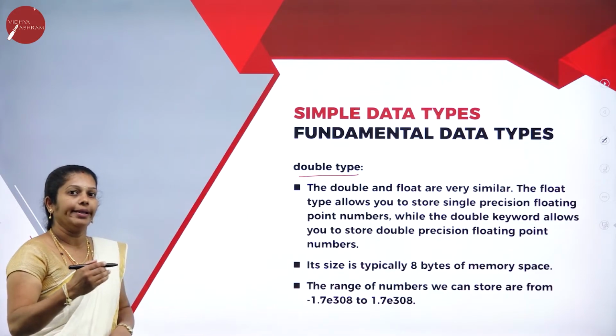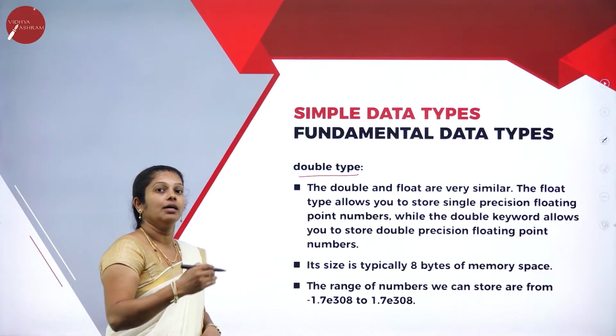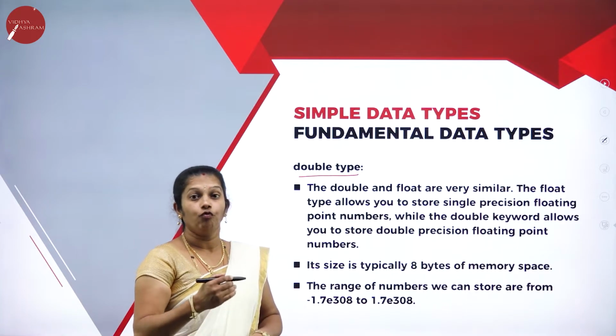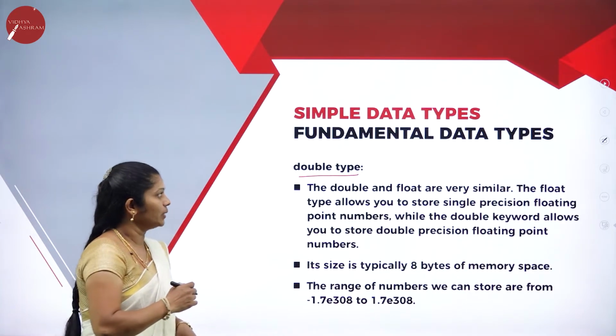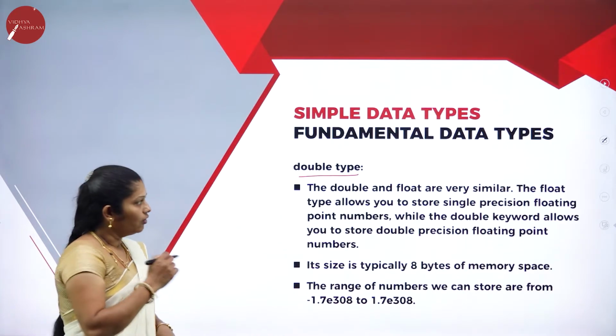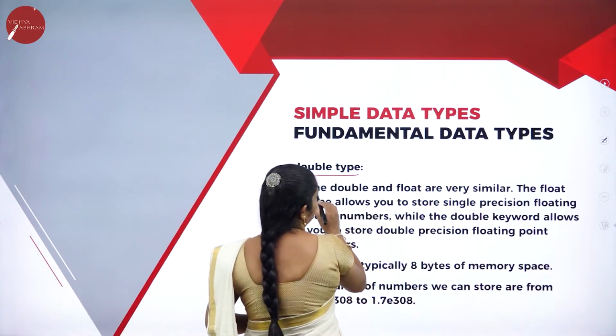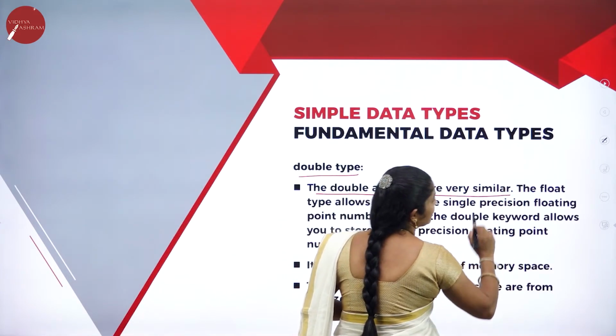Now you know integer type, character type, and float type also. The next one is the double type. When you come to the double type, double and float are very similar.